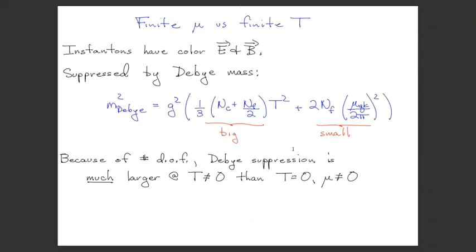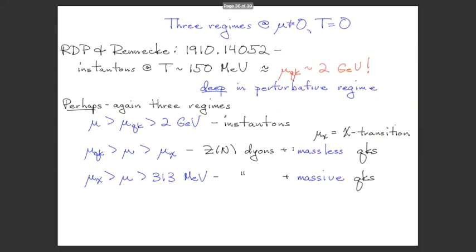I think what's very interesting is to consider what happens at low temperature and non-zero density. On the basis of analogy to non-zero temperature, we argue that the perturbative regime where instanton dominates is mu quark of 2 GeV. You'll never reach this in a neutron star. In fact, calculations by Kurkela, Romatschke, and the heroic Finnish group show that mu quark of 1 GeV is perturbative.